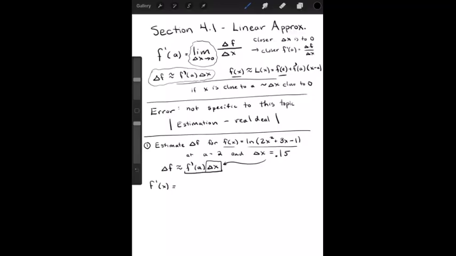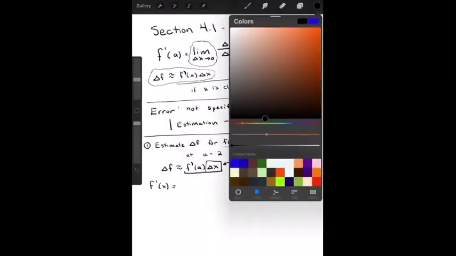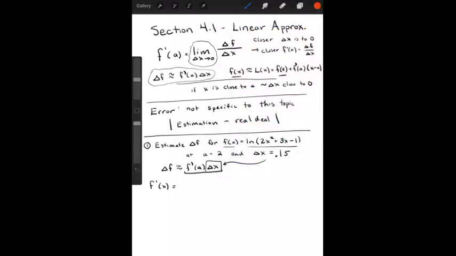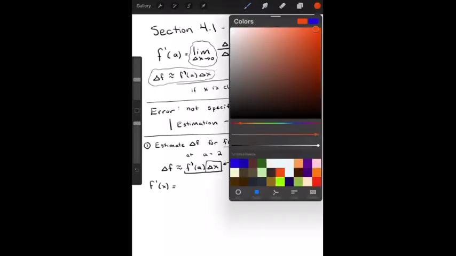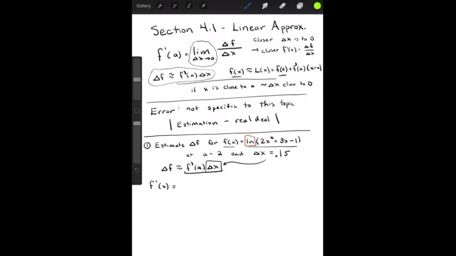Yeah, chain rule. So we've got an outside function here, this natural log. We've also got an inside function, something that's being plugged into that natural log.